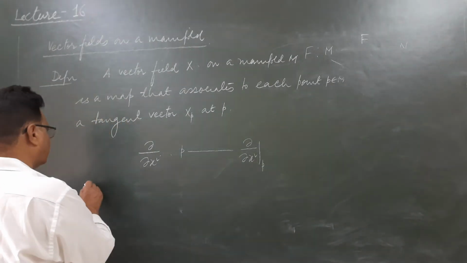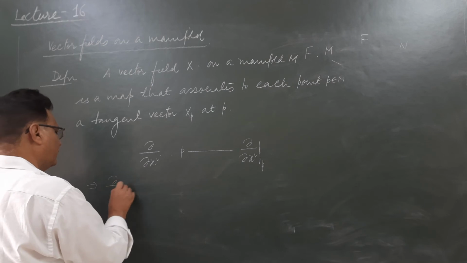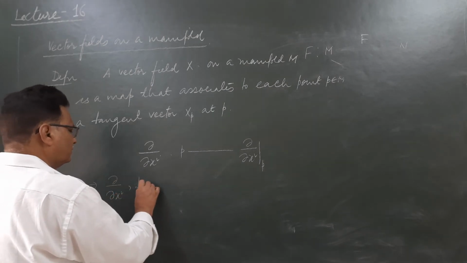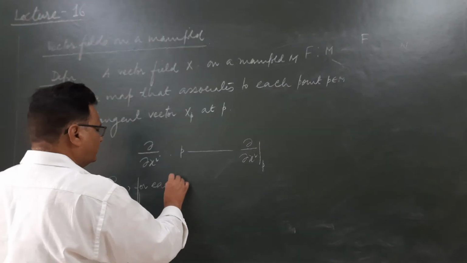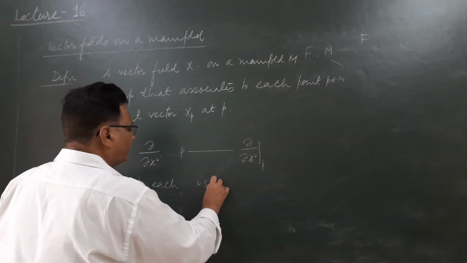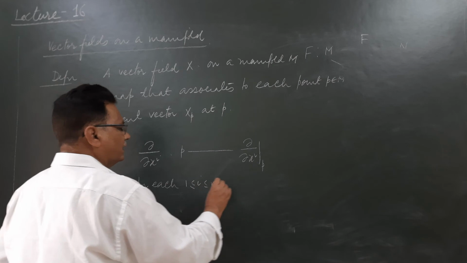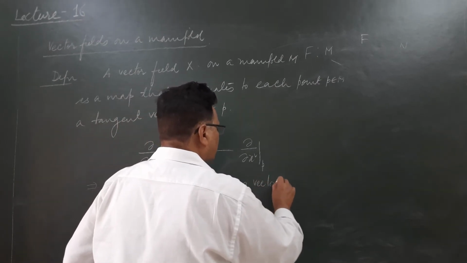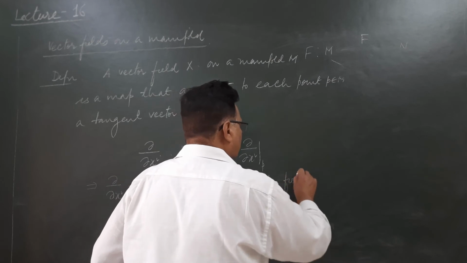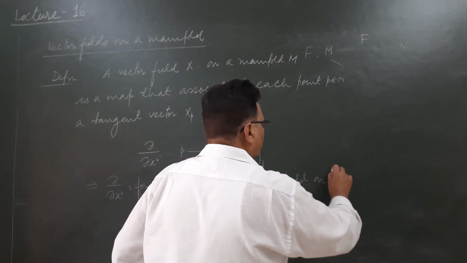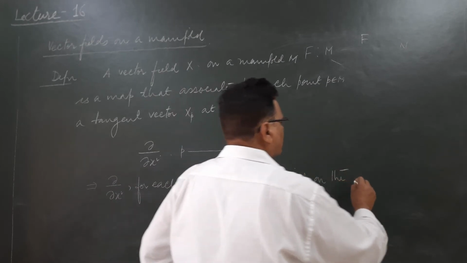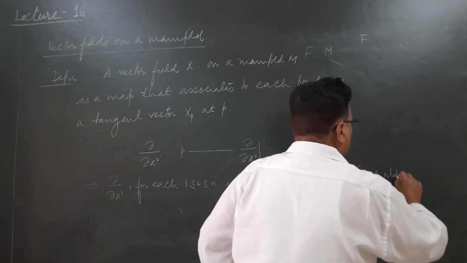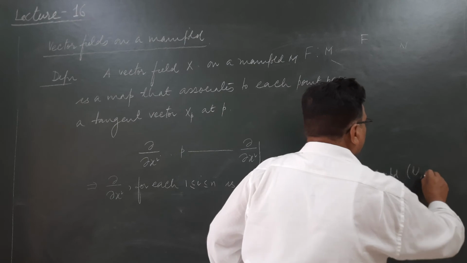So this implies del upon del xi for each i lying between 1 and n is a vector field on the coordinate neighborhood U x i.